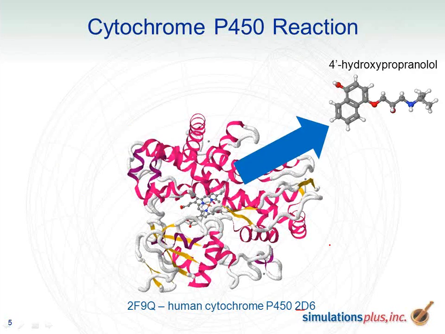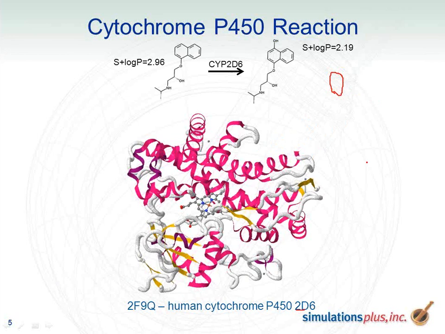Oxygen would be transferred from the heme group onto the 4-hydroxy position of the propranolol to create 4-hydroxypropranolol. So typically, one of the functions of CYPs, the molecule, once it's metabolized, ends up being more hydrophilic and easier to eliminate. So in this case, our predicted log P for propranolol is 2.96. The 4-hydroxypropranolol is lowered to 2.19.